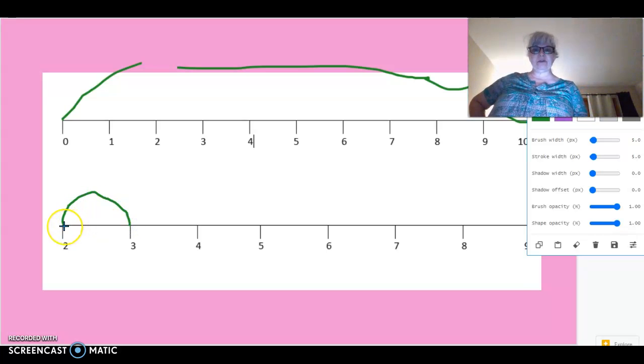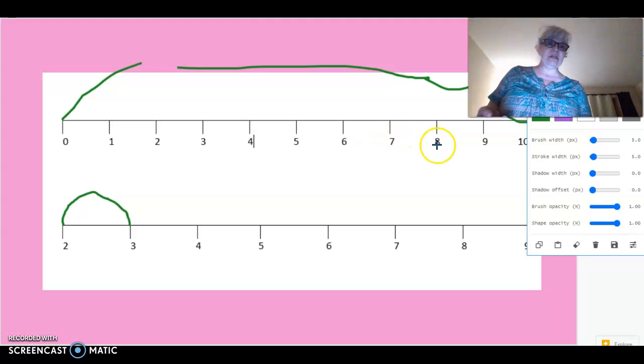So there's 10 of those. So if I'm counting 2.0, 2.1, 2.2, 2.3, 2.4, 2.5, 2.6, 2.7, or I might be counting 2 8/10, 2 9/10, and 3. All right, so if I'm counting from 2 to 3, this is the same as this.